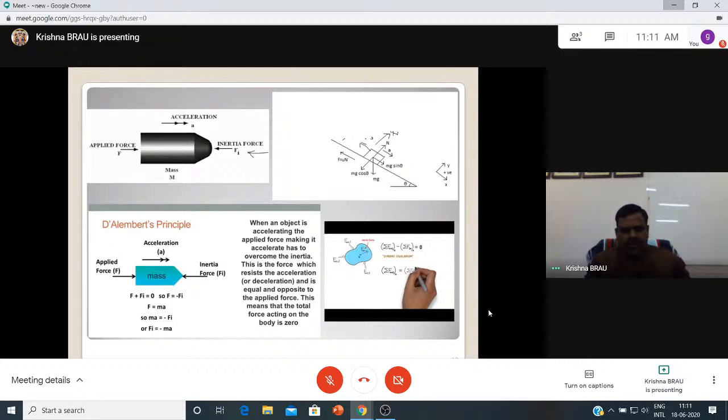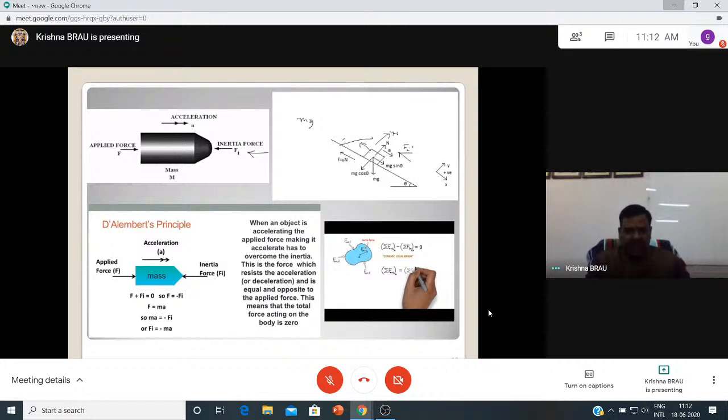Now what we have to do is consider mg, m into g, acceleration due to gravity, along the plane. Let us assume this is the direction of acceleration. We have to apply the inertia force in the opposite direction. That is your Fi, the inertia force.